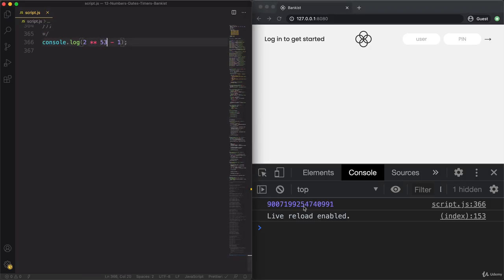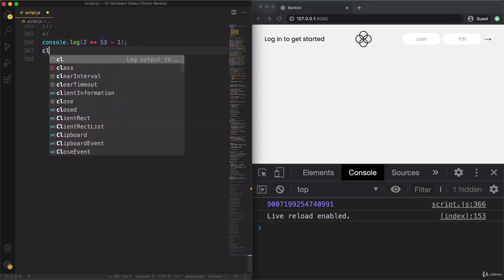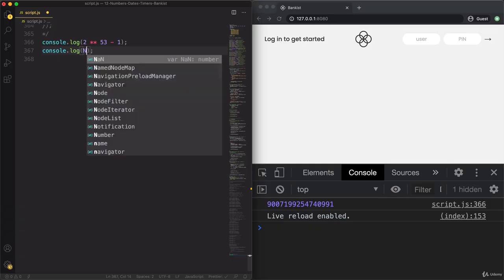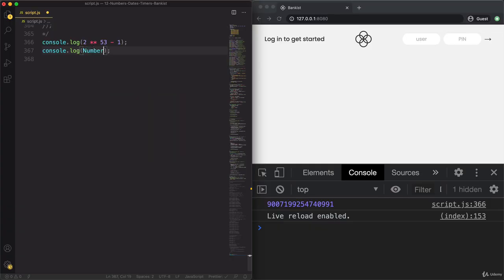So this is the biggest number. All right? And it is 2 because, again, we are working with base 2, which is only zeros and ones. And this number is so important that it's even stored into the number namespace as max safe integer. So this gives us the exact same number.